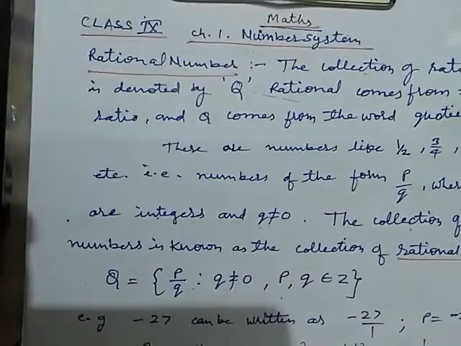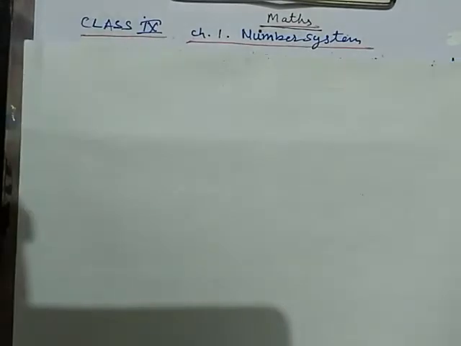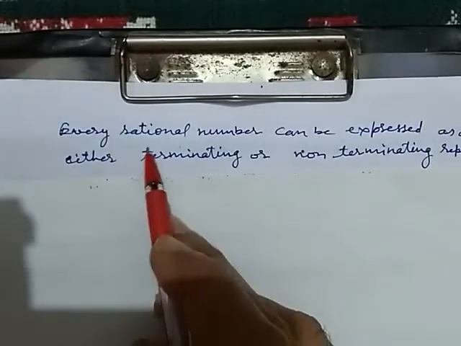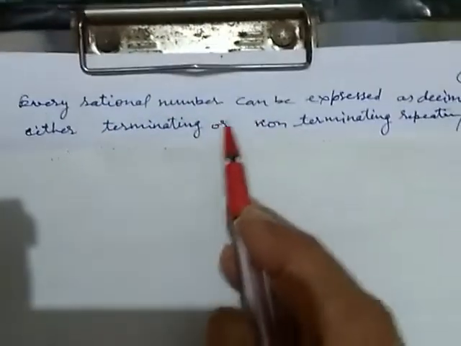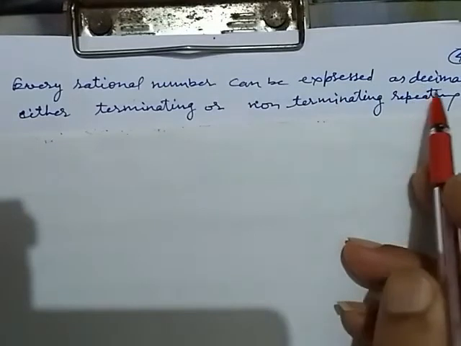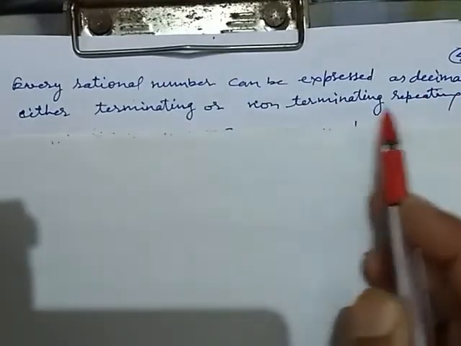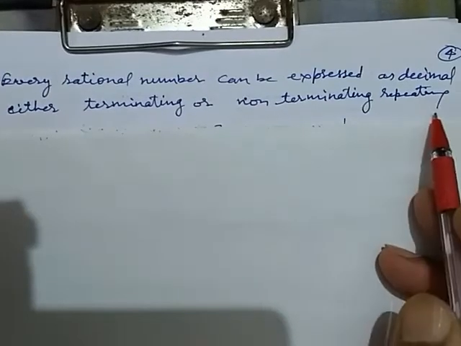Now we take another type of numbers. Every rational number can be expressed as a decimal, either terminating or non-terminating repeating.